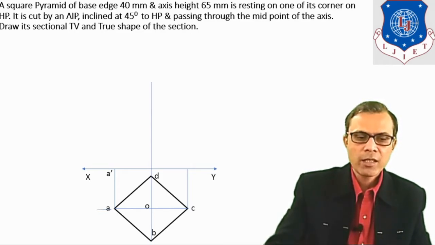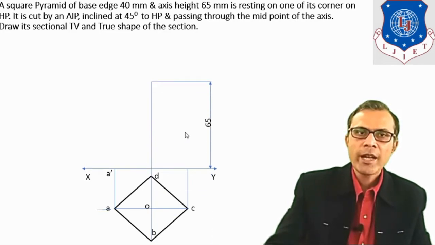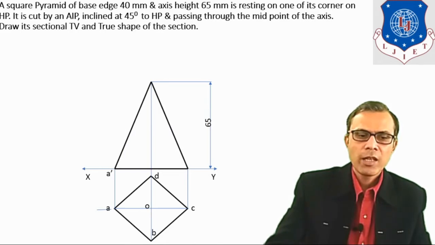Now the OB edge and OD edge are both overlapping and the OB edge is visible, so there is no need to draw the axis over here. Height is taken as 65 and it is the front view of the given square pyramid.